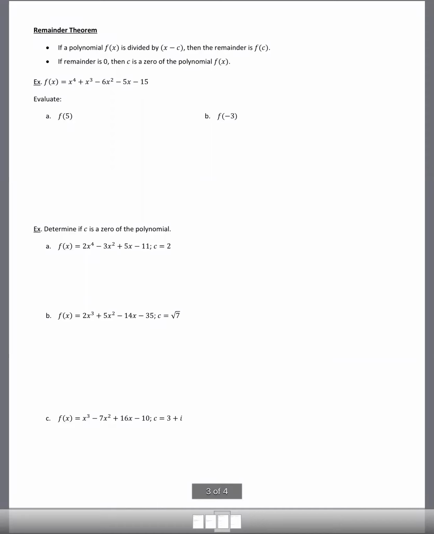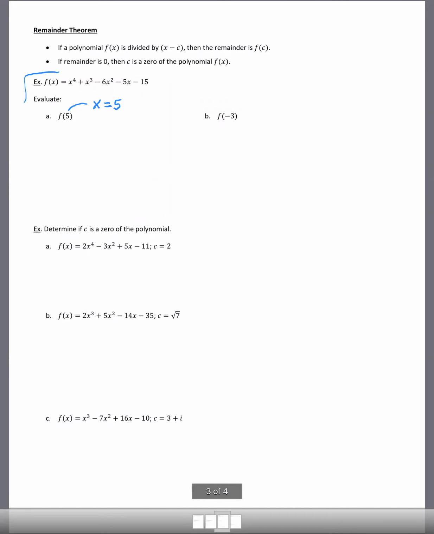For the first problem, the example says f of x is equal to x to the 4th plus x cubed minus 6x squared minus 5x minus 15. They want us to evaluate the function at 5. So basically what we know to do here is that x is really 5.